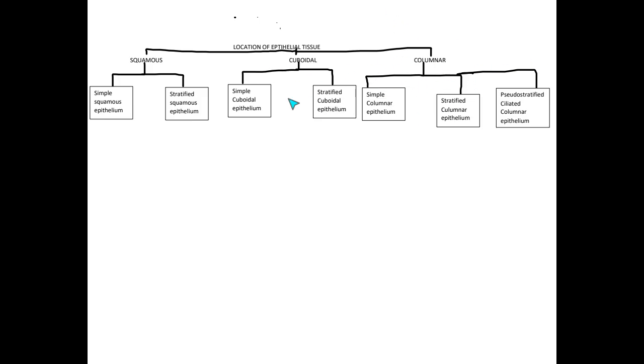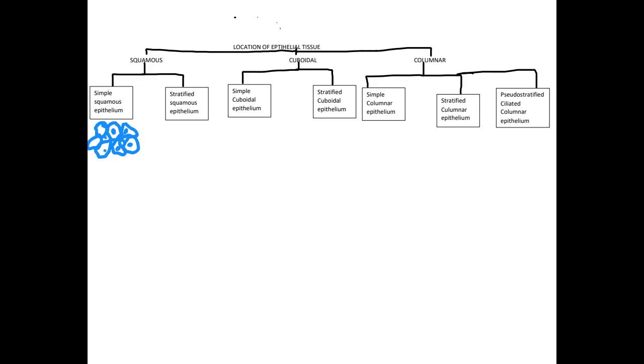Like a simple squamous epithelium. First of all, if you're looking at it from the top, it will look almost like a fried egg. I'll show you during lab tomorrow. It's easier to show you in person. But it looks somewhat like that.